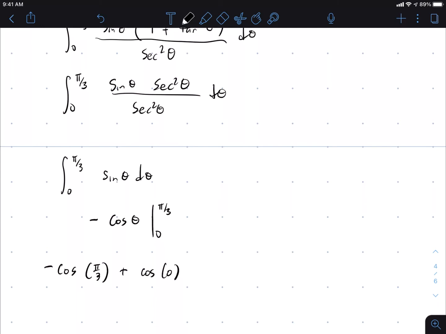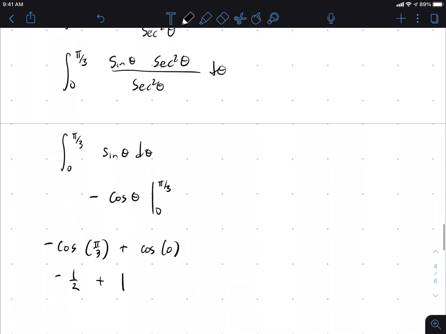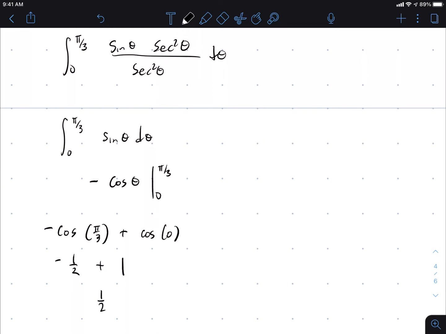Well, what is cosine of pi over 3? Cool. So I'm going to get a negative 1/2 plus cosine of 0. So my answer ends up being 1/2.